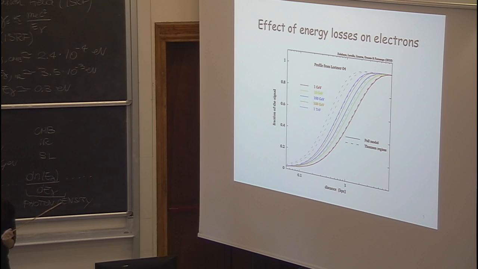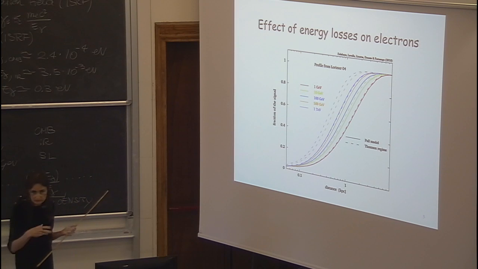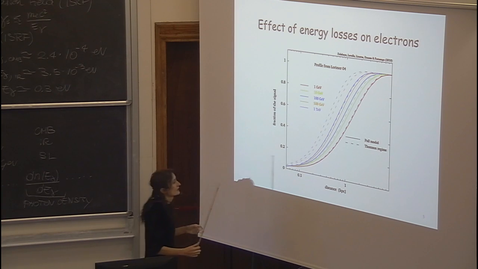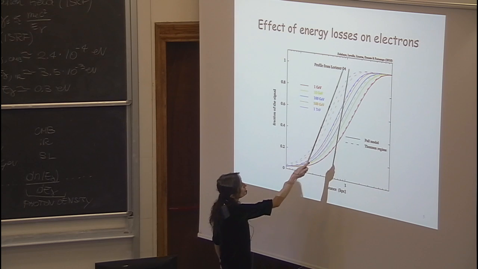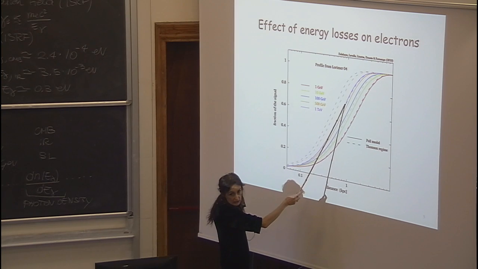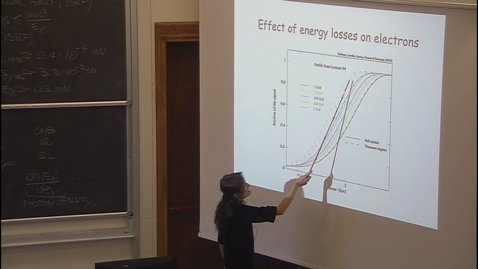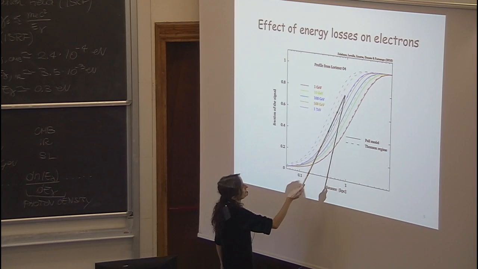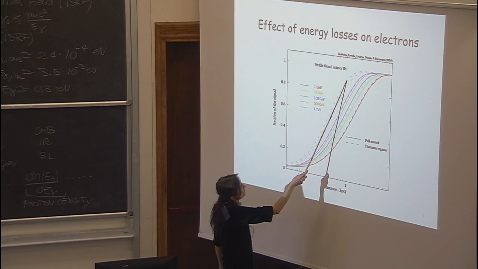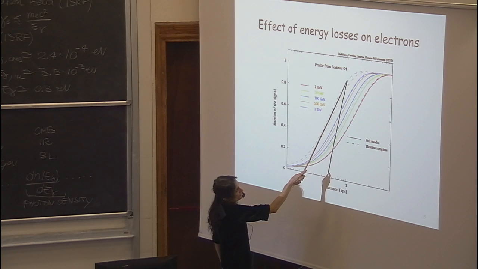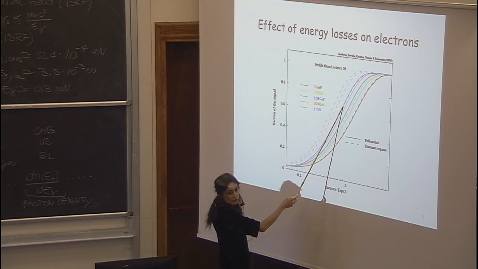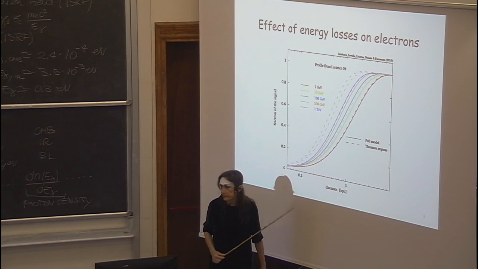The simplest way is to use Thomson for everybody. So including Klein-Nishina makes this difference from here, if you only use Thomson, to here. What does it mean?